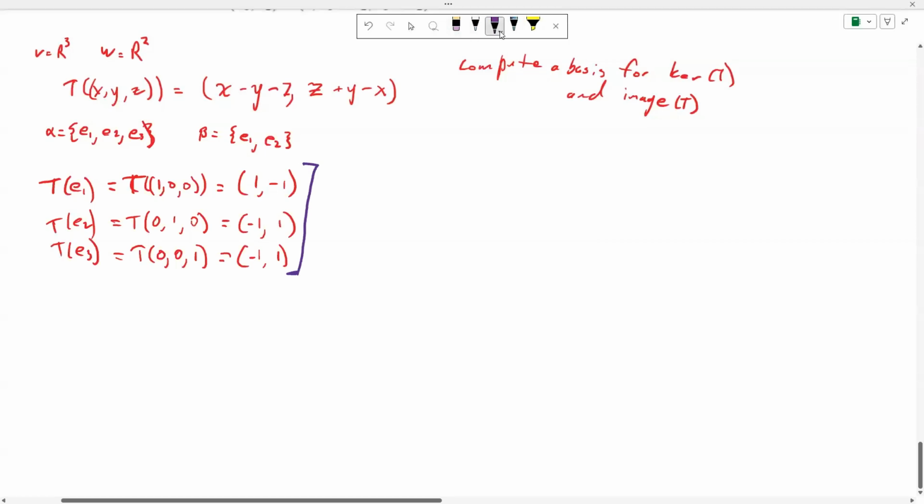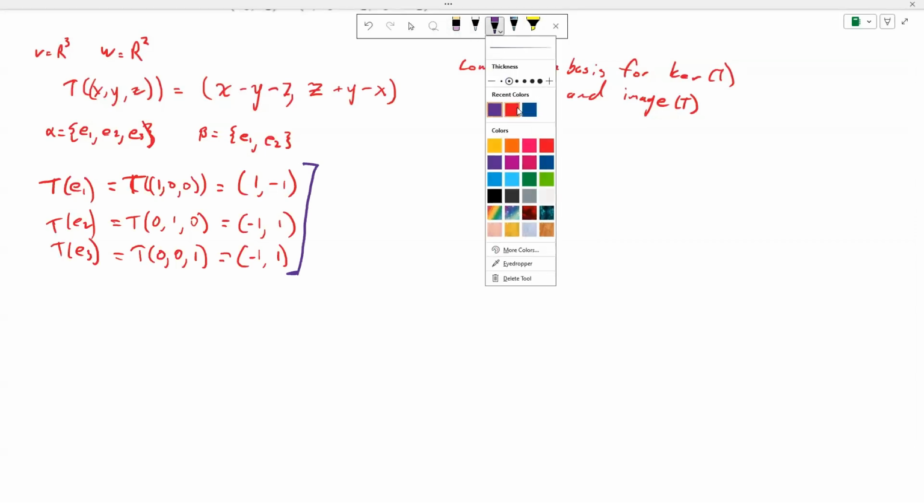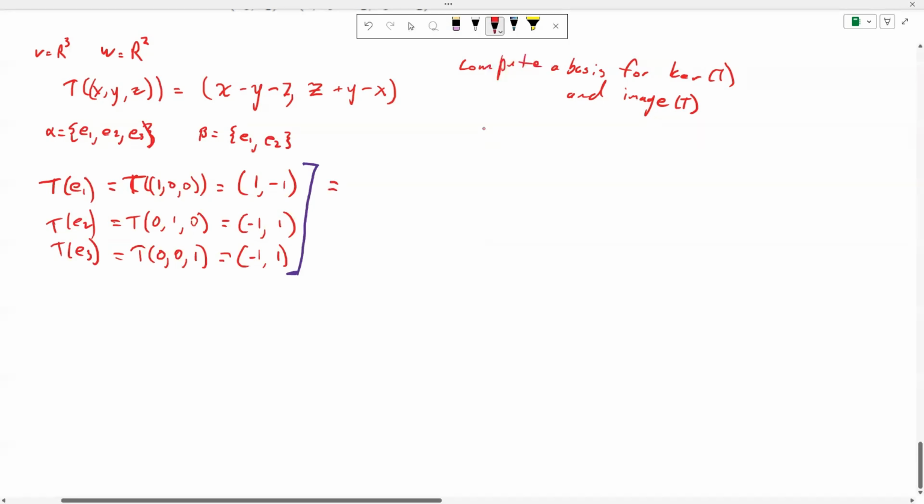But for now, let's carry on to figure out our matrix representation, because this equals 1 E1 plus -1 E2, this equals -1 E1 plus 1 E2, and this equals -1 E1 plus 1 E2.